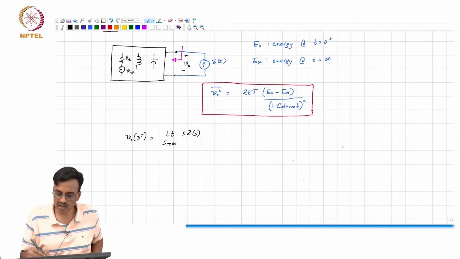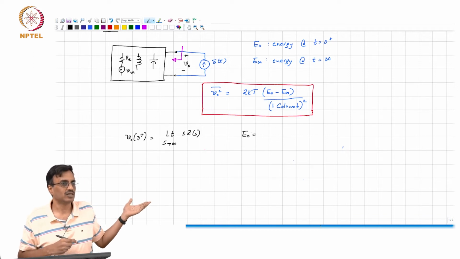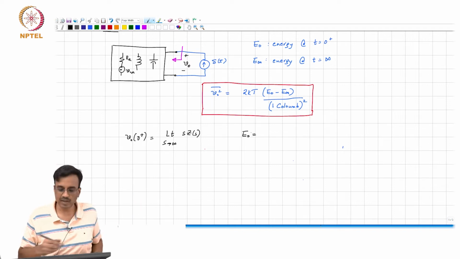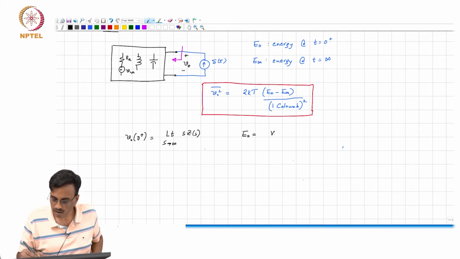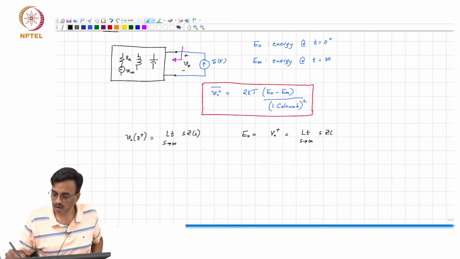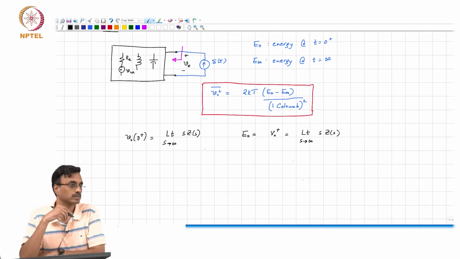So, E0 is nothing but, the charge is unity, so E0 by 1 coulomb is nothing but V0 plus, which is the limit as s tends to infinity of s times Z of s. Correct?